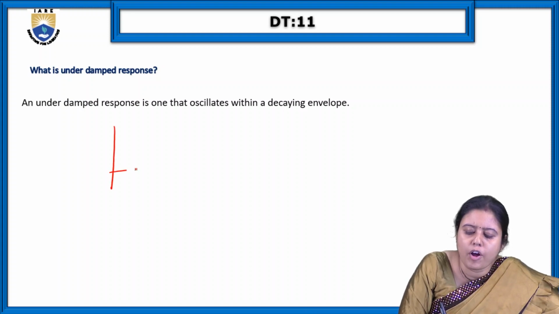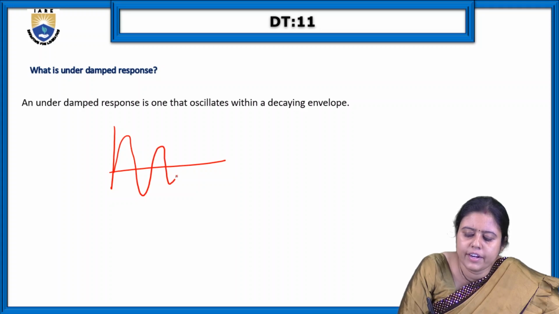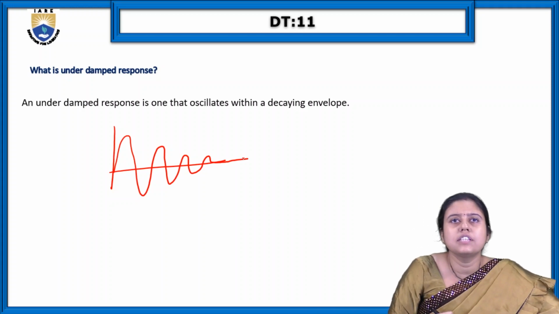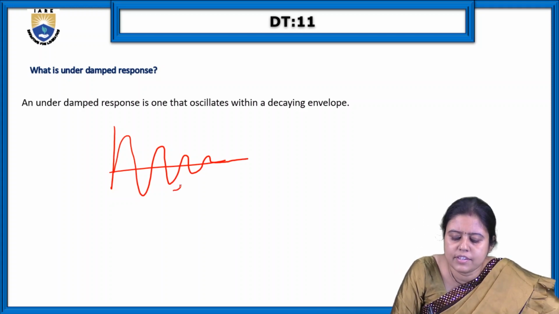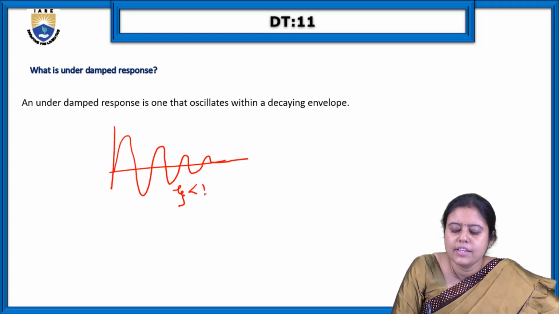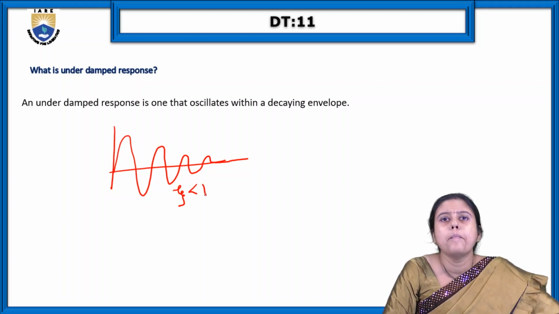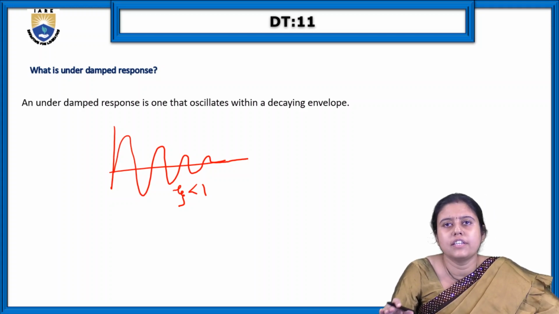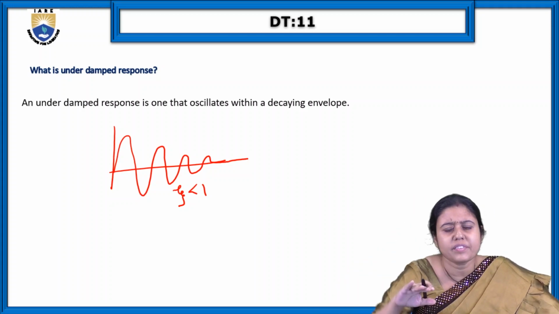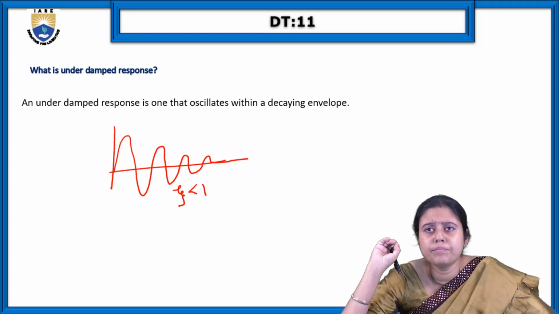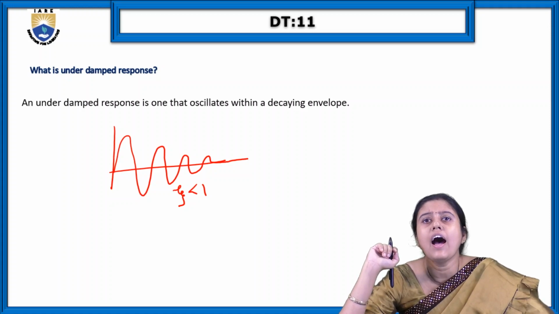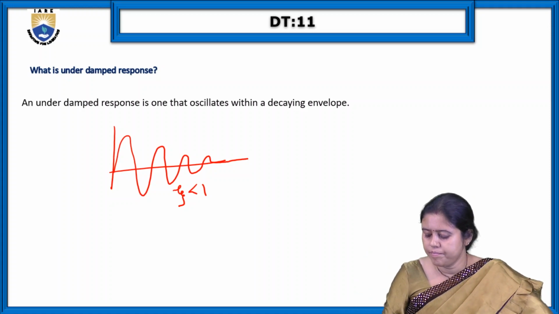But due to this problem, it is going up, then down, then up, then down, and ultimately it will stop. So this is called the underdamped system, and for the underdamped system, zeta is less than 1. It is coming to the steady state condition, but after some change. In our daily life, 95% of the systems are underdamped systems.